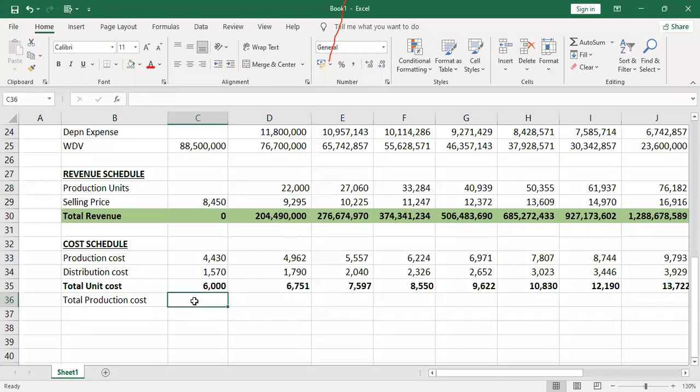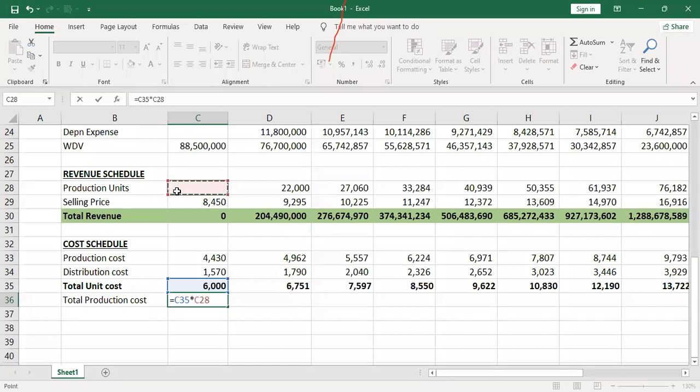It will equal the total unit cost times the production units. So in year 1, total production cost equals total unit cost times the production units in year 0, which is a blank cell in this case.